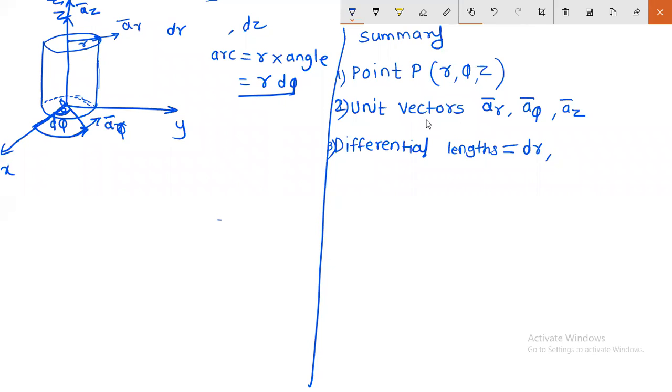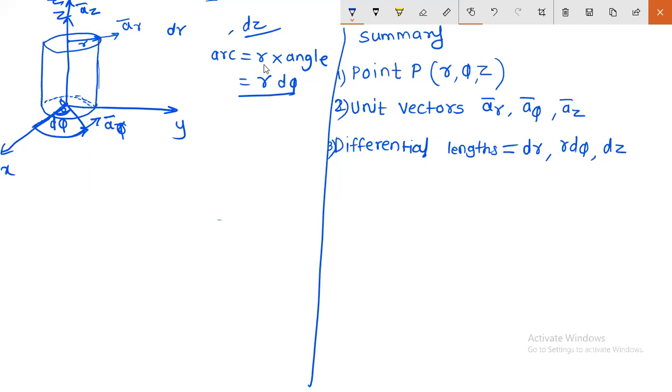But here the differential length is nothing but the arc, and that is r into d phi. And what is the differential length for the z coordinate? When we are going in the z direction, what is the differential length? It is simply dz. So these are the differential lengths here.